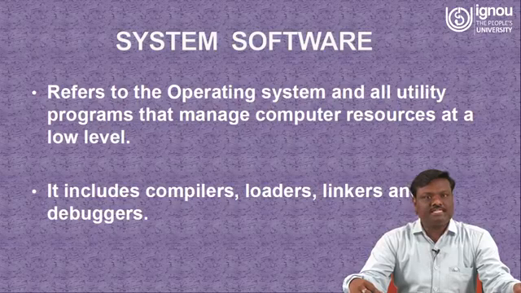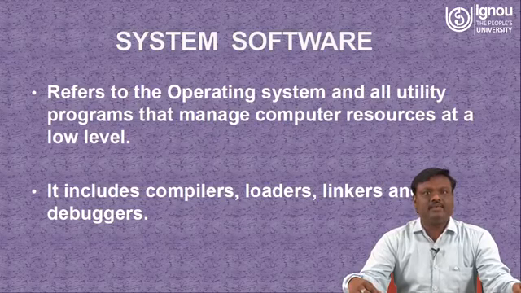So, what exactly is the system software? It is the software which includes the compilers, loaders, linkers, debuggers, especially the operating system. So, it refers to the operating system and all utility programs that manage the computer resources at a lower level.